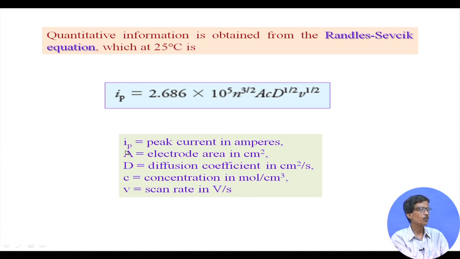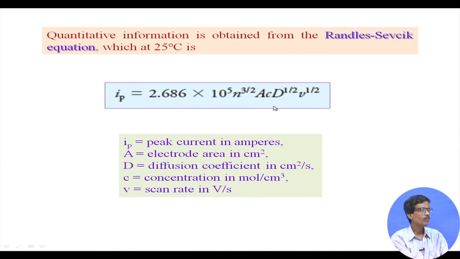And A is the corresponding electrode area. So, definitely if you have a disk type of electrode, the electrode surface area is also important, in centimeter square for your work, and D is the diffusion coefficient in centimeter square per second. So, this is the diffusion from the bulk solution, transferring the electroactive species to the electrode surface.